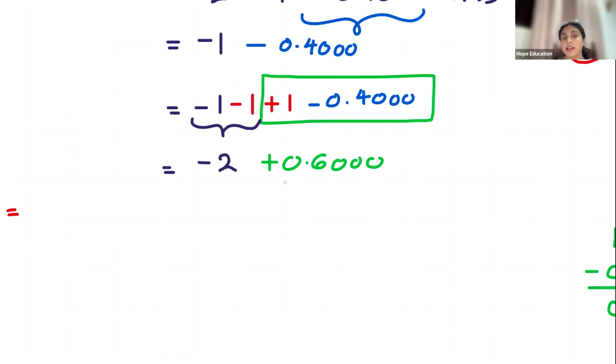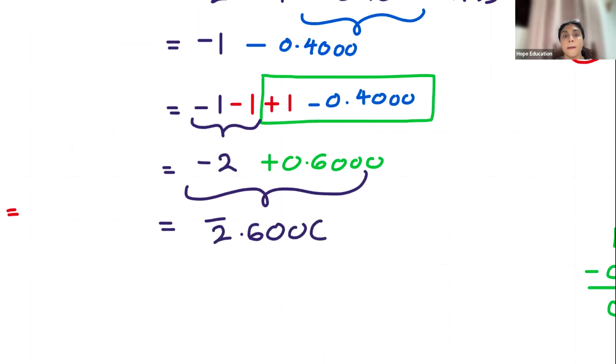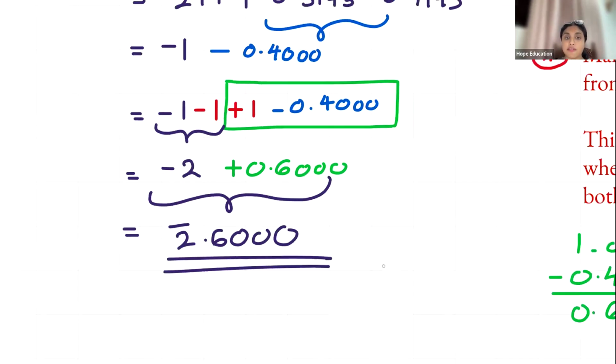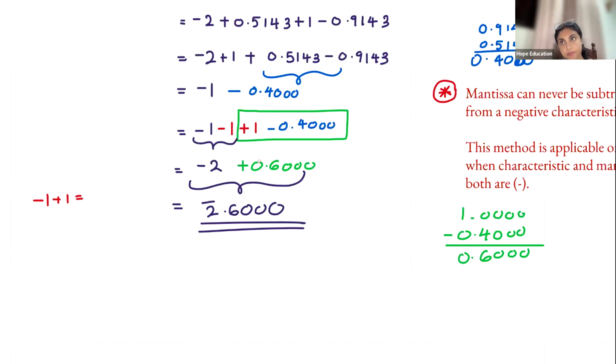Then the mantissa has plus in front and the characteristic has minus in front, no problem. You just combine them and you write bar 2.6000. When we add something so that the added value is 0, we do this only when the characteristic and the mantissa are both minus. Okay? Okay children, copy this down.